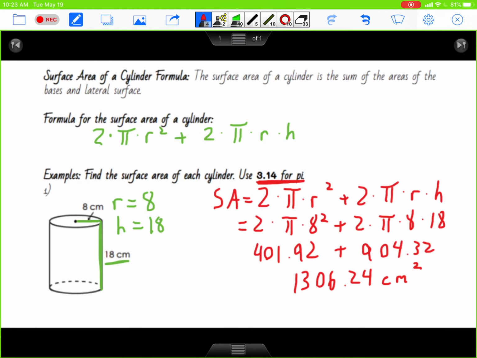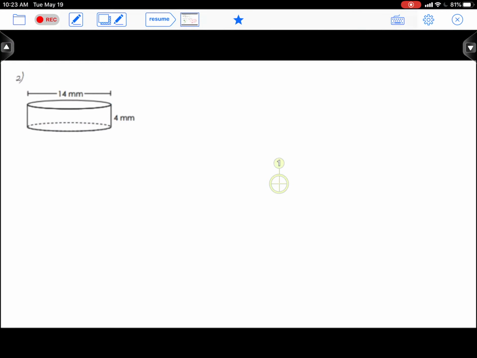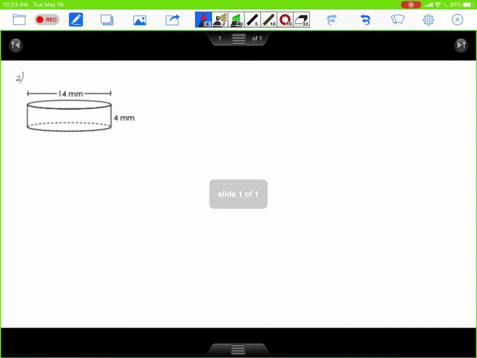I'll do one more example with diameter this time. Like I said, I like to find my two numbers first. I want my r, I want my h. This time they give us a diameter. Remember, diameter is the line that goes across the entire circle.